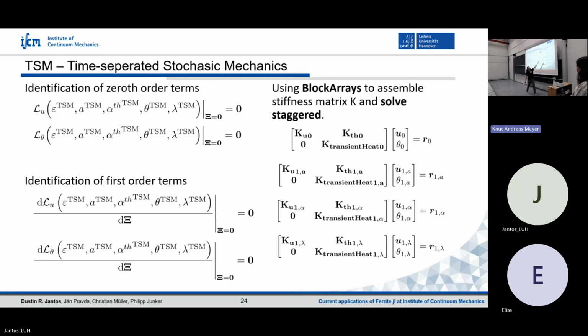So this u and theta 0 over there are the physical quantities you usually would solve, where we're doing basically the Ferrite example. And then afterwards you have to compute these three equation systems, because you get these physical results, put them into these stiffness matrices, and then you get this stochastic quantity. So those are not physical quantities.